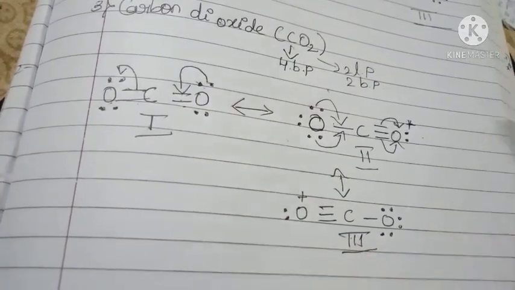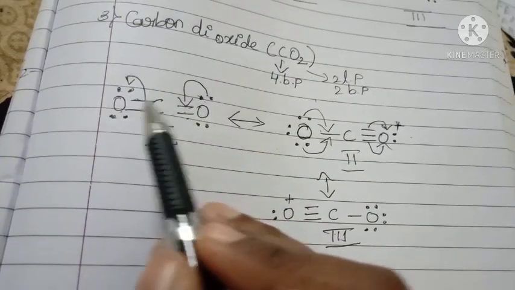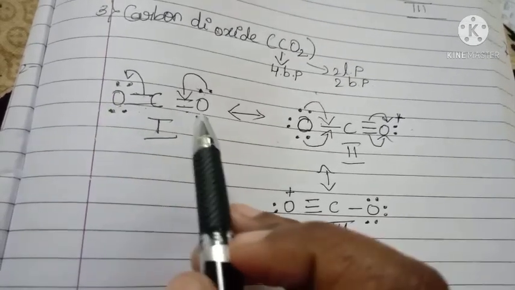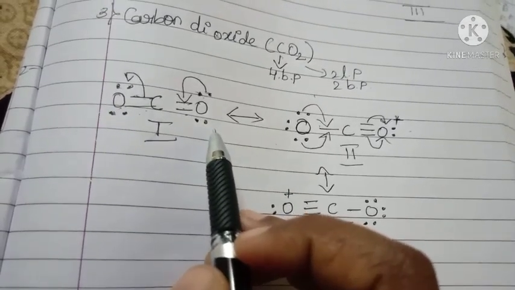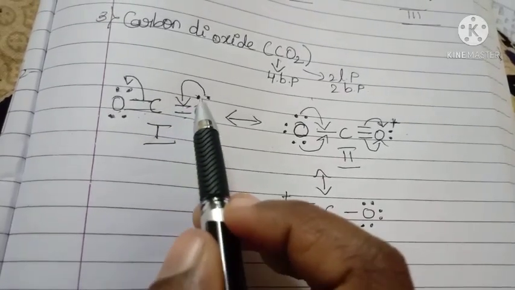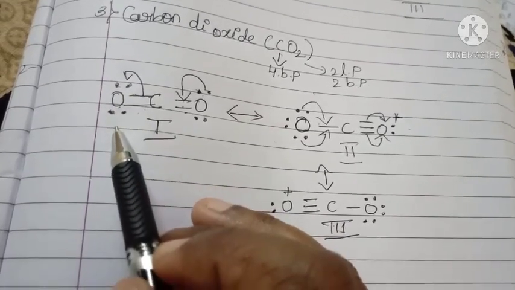You have to observe here, this is the linear structure. Carbon double bond O double bond O. Carbon contains 4 bond pairs, oxygen contains 2 lone pairs and 2 bond pairs. This oxygen contains 2 bond pairs and 2 lone pairs, and here also 2 BP and 2 LP are there.